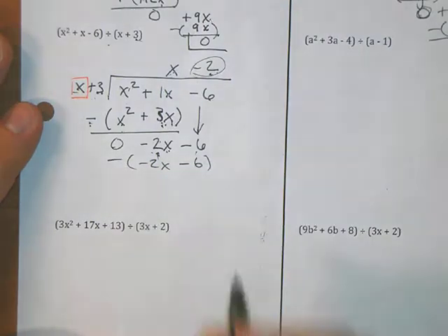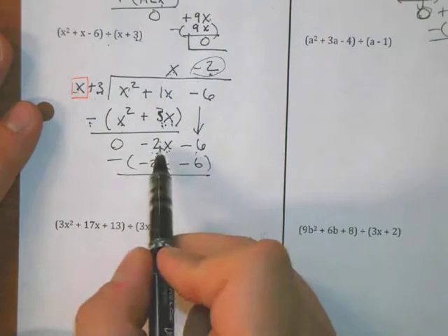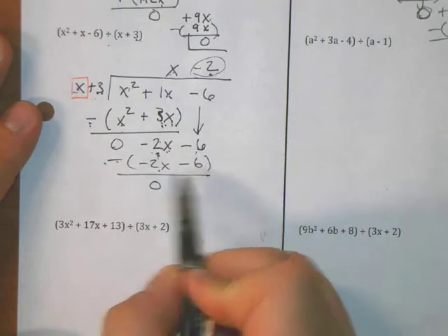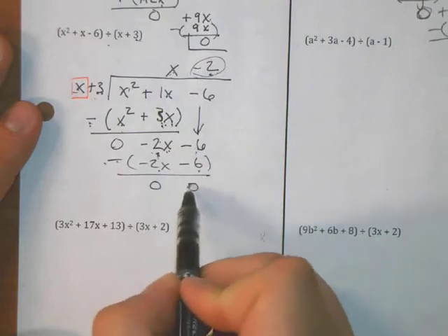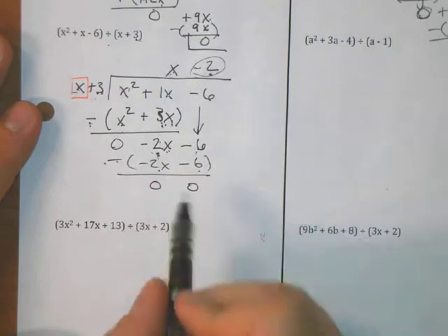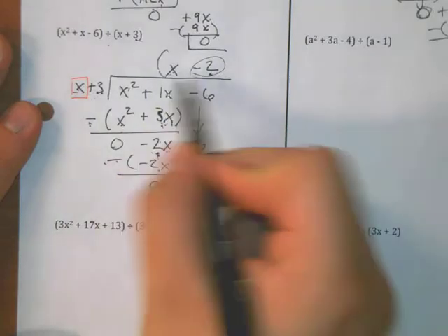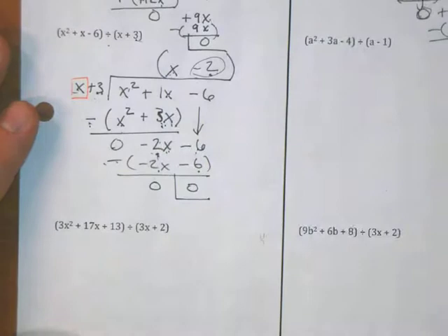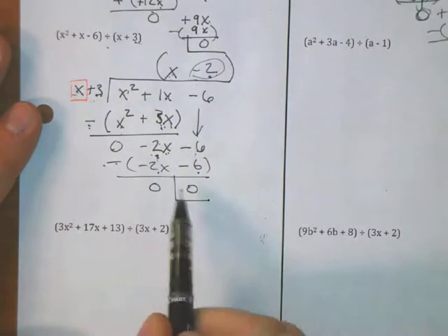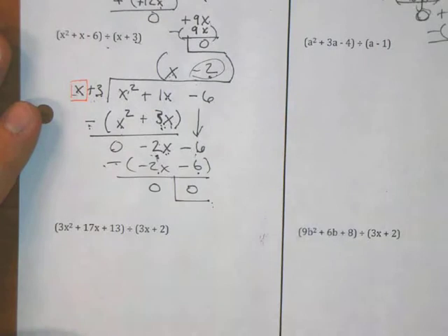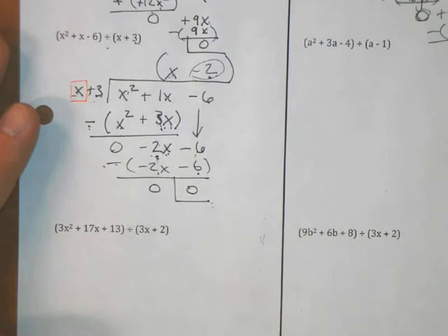And subtract. What's anything minus itself? Is there anything else to bring down? Okay, so we're done. I wrote this because this is the remainder. Whatever's over here is the remainder, because it's the last thing.